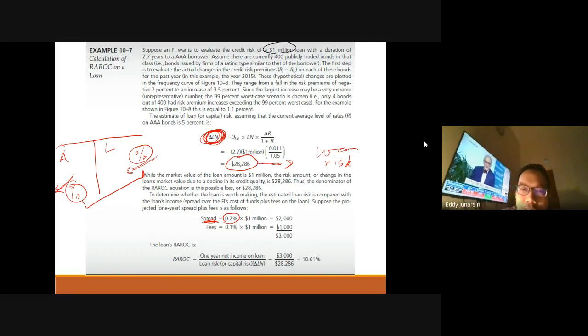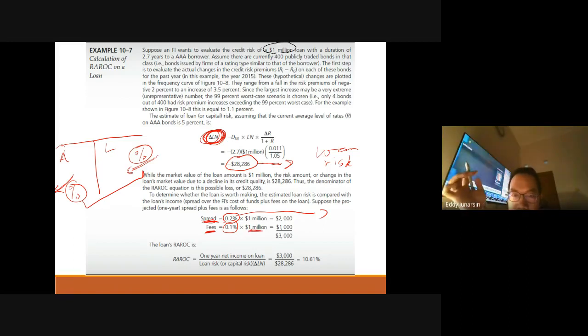And it's quite low for this example. In real life, it would be higher, maybe 2%, 2.5% or something like that. And this financial institution also charges some fees here, 0.1% of the loan that they made, right? So in total, 0.3% of 1 million, or 3,000, right?